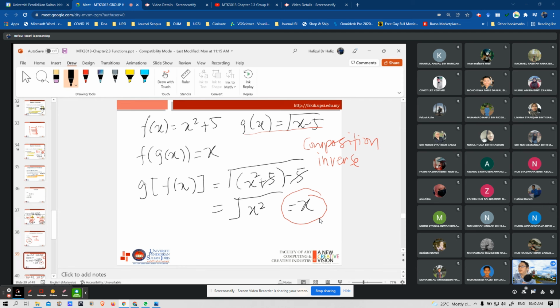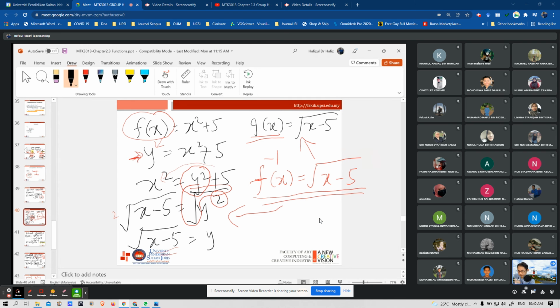First, you need to compose f of g(x) equal to x, and then g of f(x) you can find x. f(x) you replace by y equal to x to the power of 2 plus 5, and then you can find x. So you can say the inverse f negative 1 of x is x minus 5.